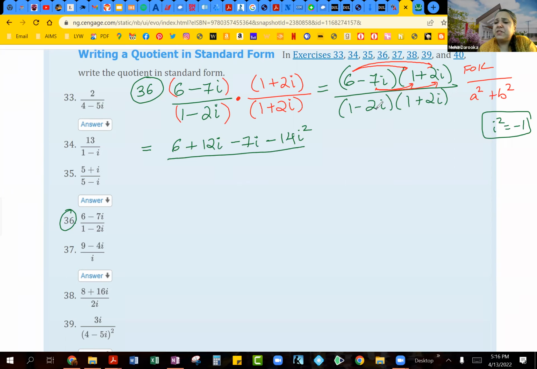On the denominator, since we're multiplying complex conjugates, we'll take 1 squared plus 2 squared. And that will clean up because we won't have any i values left in the denominator. I don't know if this kicked in any memory or not, but this is similar to rationalizing the denominator.